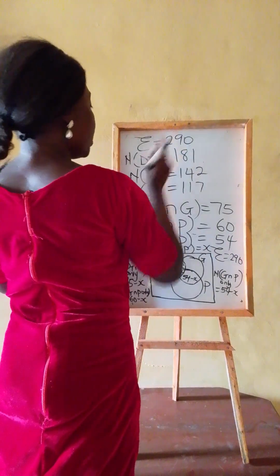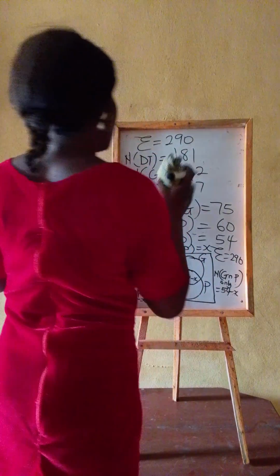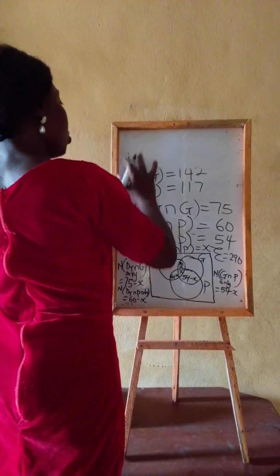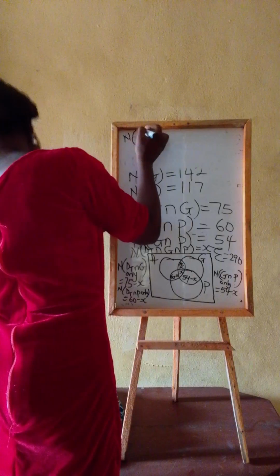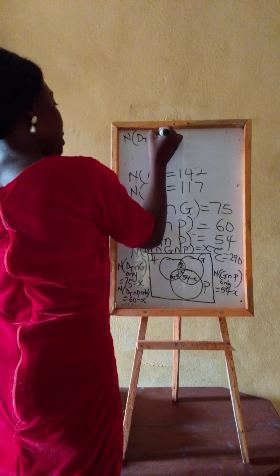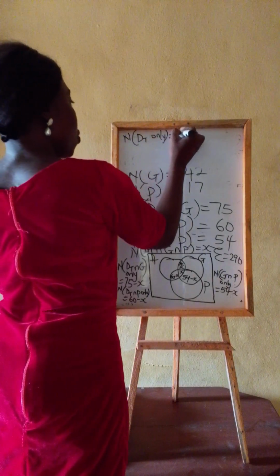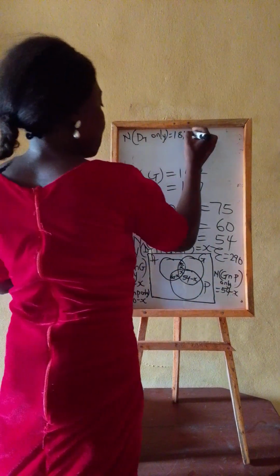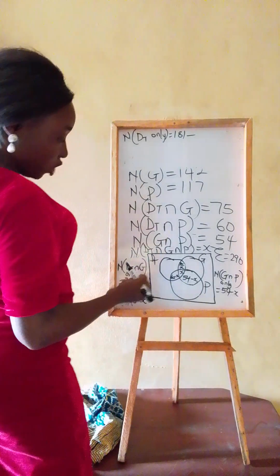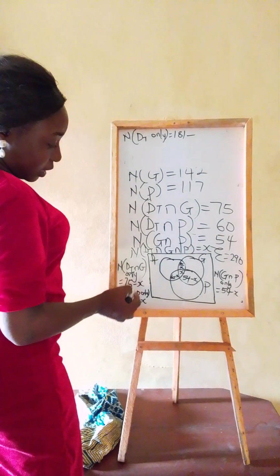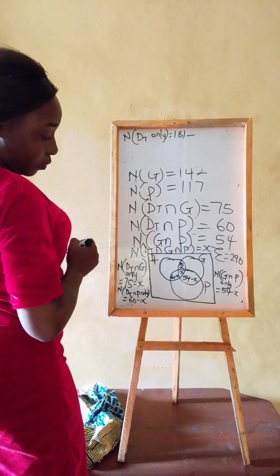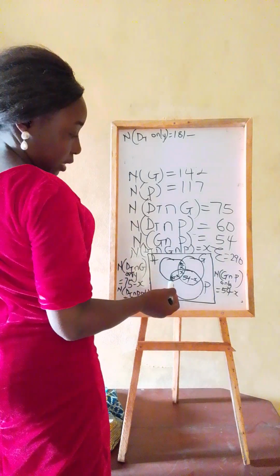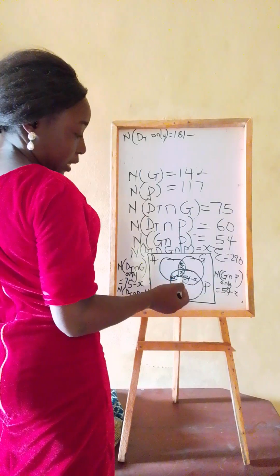The number of DT only equals 181 minus, you will check where there is DT. We have DT here, we have DT here, and this is DT.